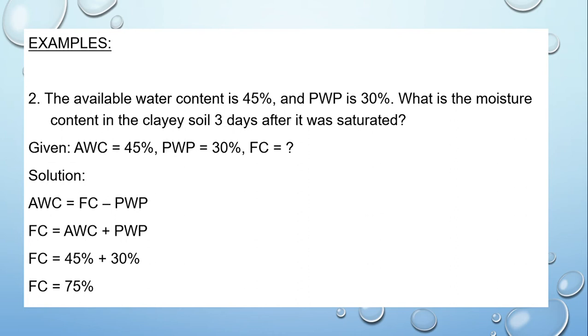So, the available water content is field capacity minus permanent wilting point. So if you're going to manipulate, field capacity is available water content plus permanent wilting point. So we have 45 plus 30 and we have the field capacity as 75%.